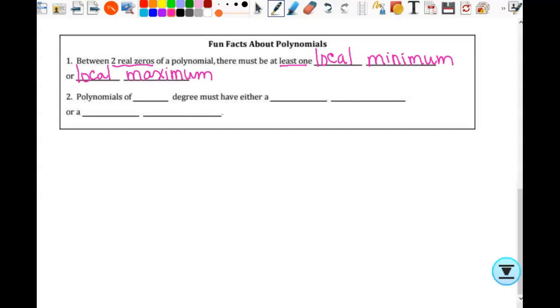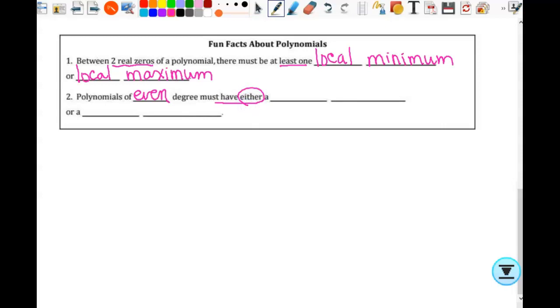All right, and then we have polynomials of even degree. Polynomials of even degree follow the end behavior of what? A quadratic, a parabola, right? So that means if it's an even degree, the end behavior is either up, up, or down, down, right? Because of that, it must have either, so not both, but you have to have either.